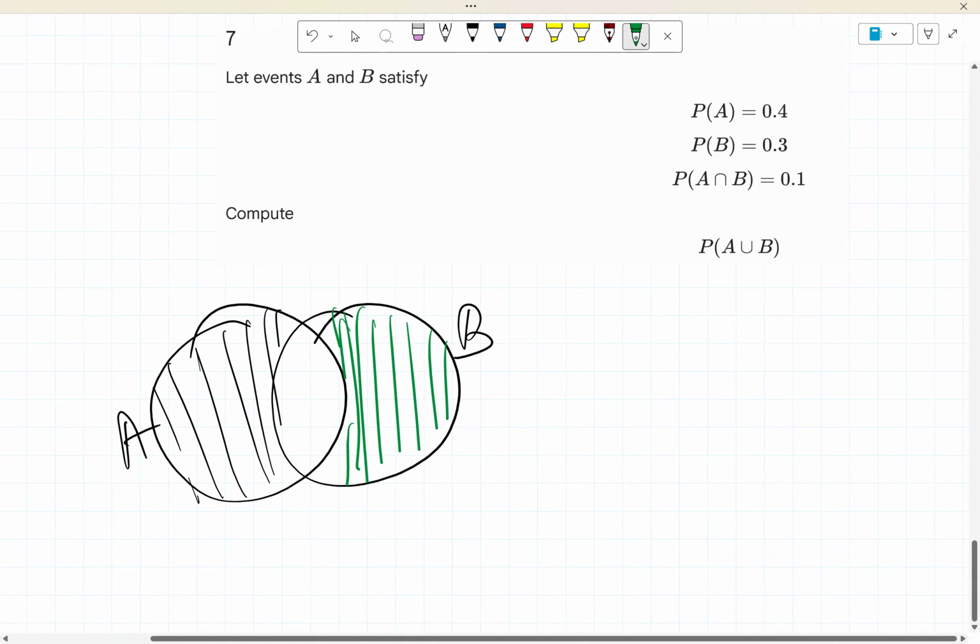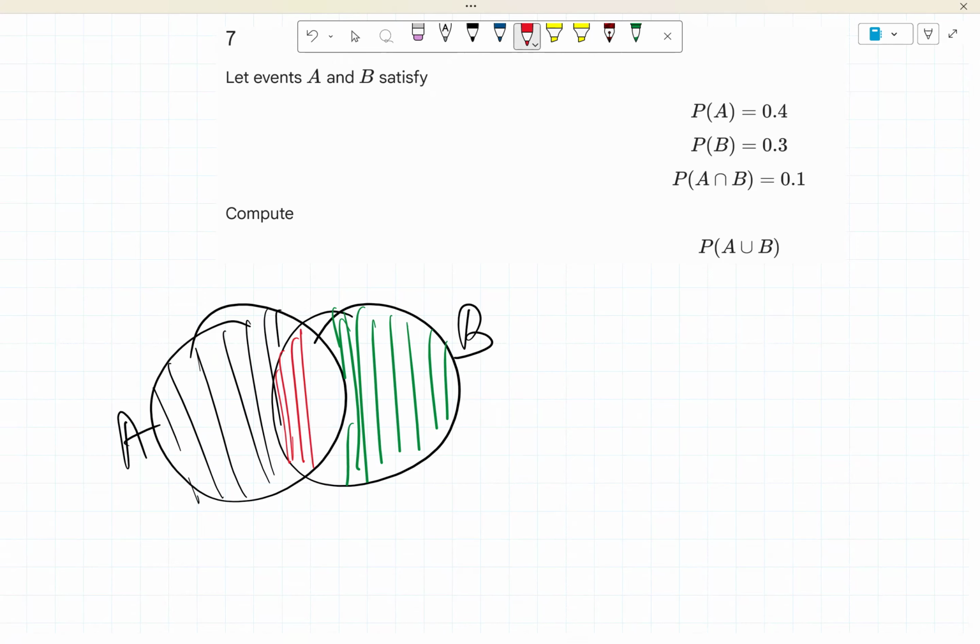But guess what? This is the intersection between A and B. This is A intersection B. And what we now need is A union B. A union B is everything, the whole thing together.